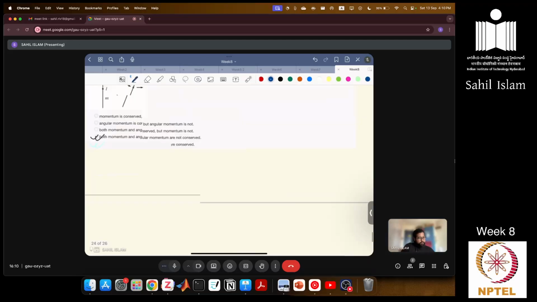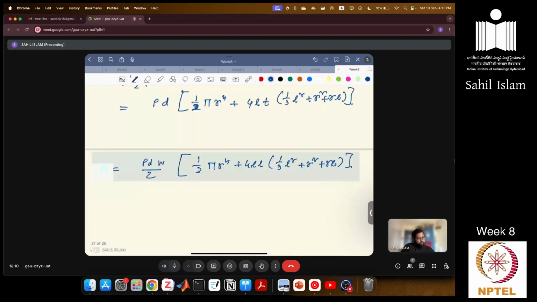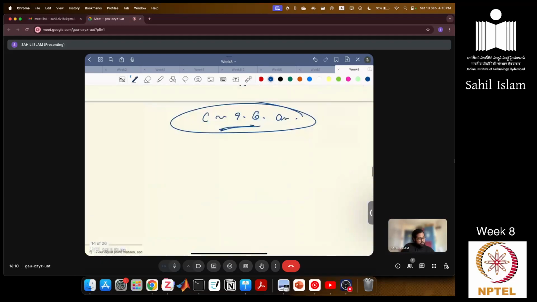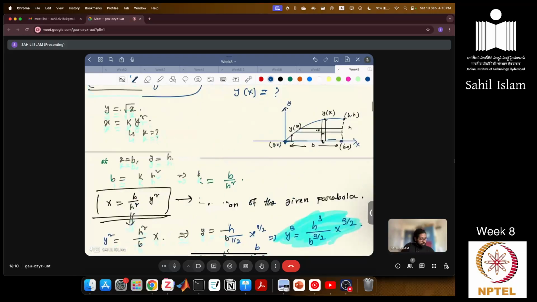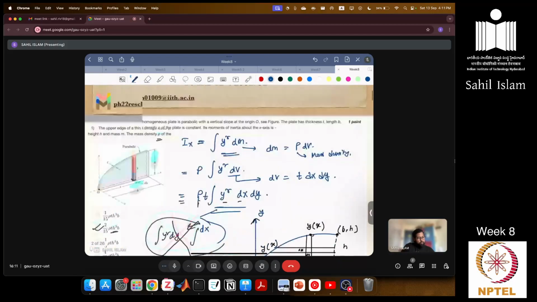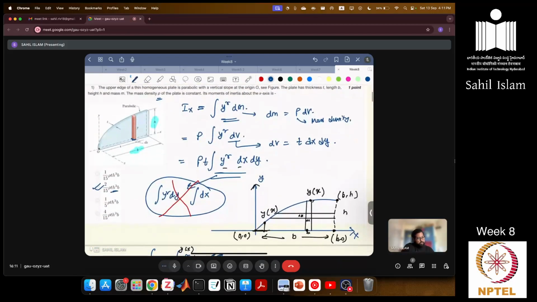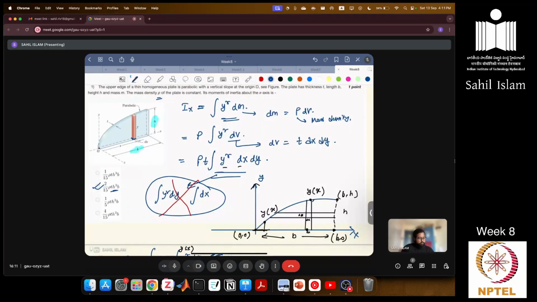Okay, that was it. I'll just quickly recap everything. So here we are asked to calculate the moment of inertia around the x-axis. So what we learned is we have to basically do this integration.